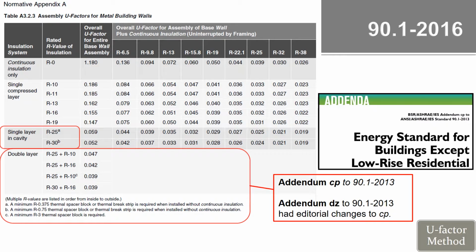These 2-layer systems, only one of them requires an R3 in order to meet this U factor of 0.039. You'll notice the R25 plus R10 without the thermal spacer block has a 0.047. With the thermal spacer block, 0.039.